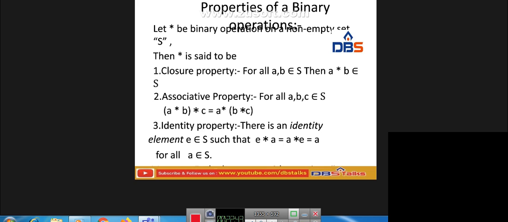Then the identity property: there is an identity element e belongs to S such that e product a equal to a product e equal to a, for all a belongs to S. Then it is called the identity property of the binary operation.